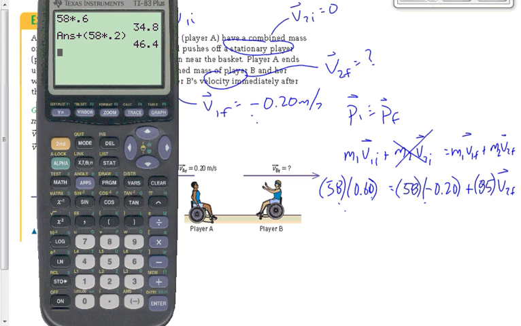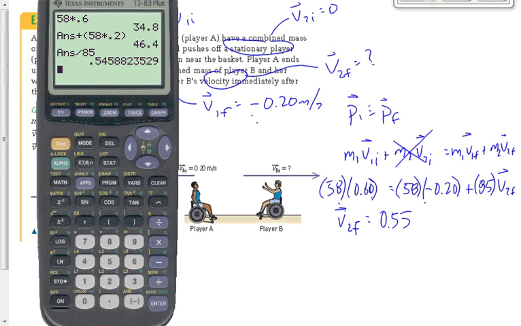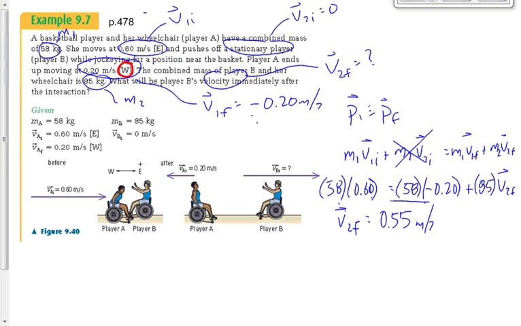Now let's divide that by 85. We get 0.546, or we would round that to two digits, 0.55 meters per second. And I think it was positive, wasn't it? Yeah. 0.55 meters per second.